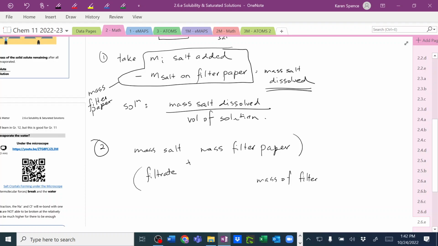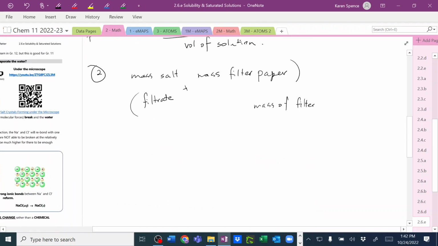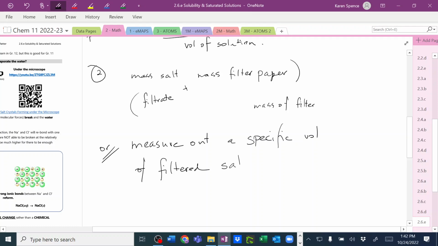There's a way of doing it without using the residue at all. The residue is the solid left on the filter paper. There is a way to do this using only the filtrate. You could just boil it. You could measure out a certain volume of the filtrate, the liquid, of the filtered, saturated solution.